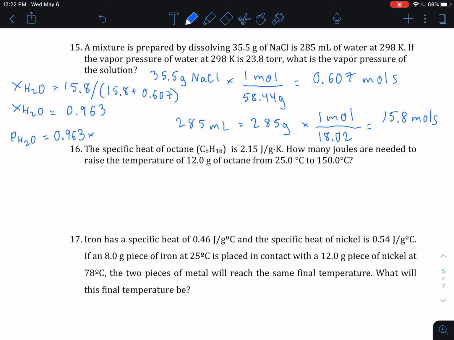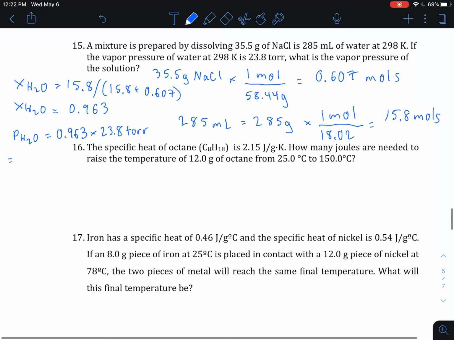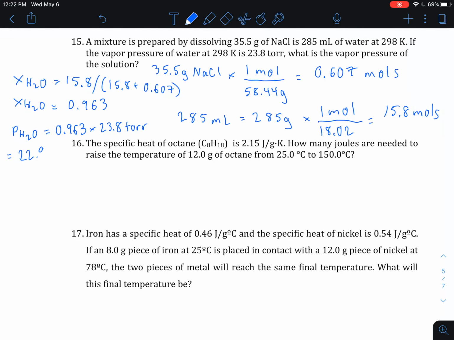So now we'll say the vapor pressure of the water will be 0.963 times the original pressure of 23.8 torr, and that's 22.9. Ran out of room there a little bit, but hopefully you can read that okay. Okay, on to 16.